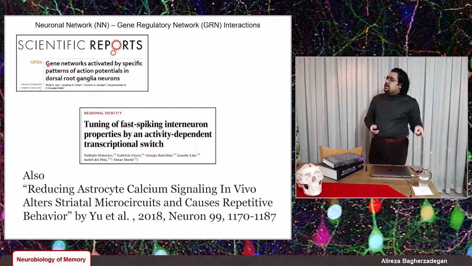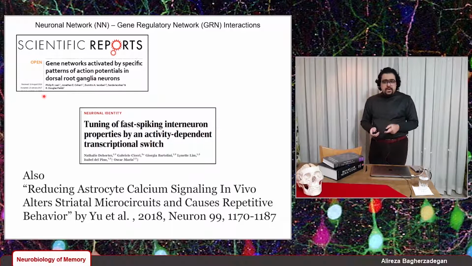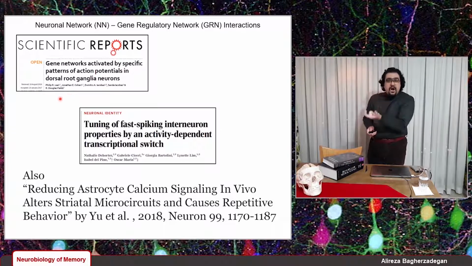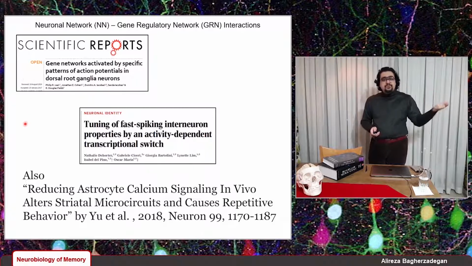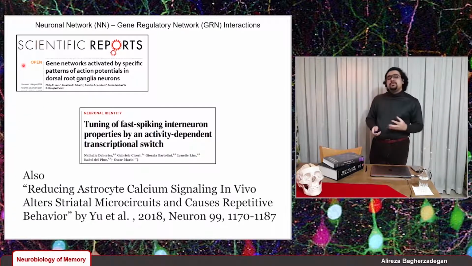The title is Gene Networks Activated by Specific Patterns of Action Potentials in Dorsal Root Ganglion Neurons. So a specific firing pattern of a specific cell type may have some impacts on a gene regulatory network and may activate some gene networks.